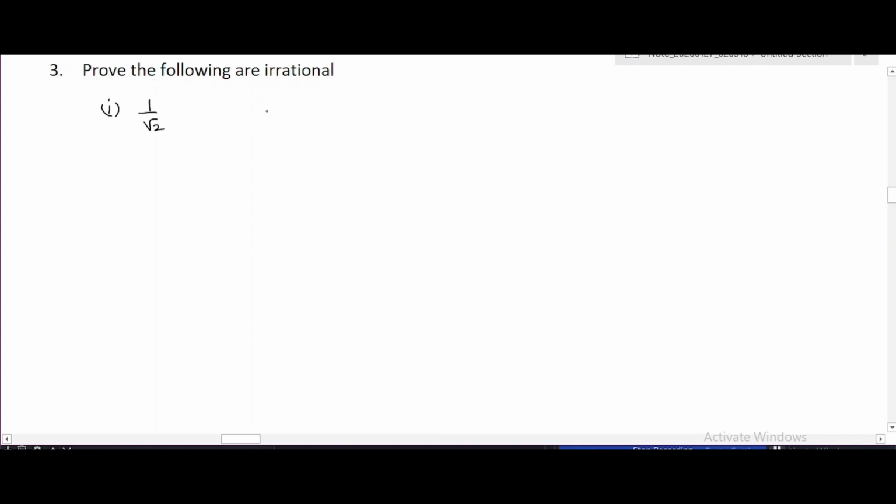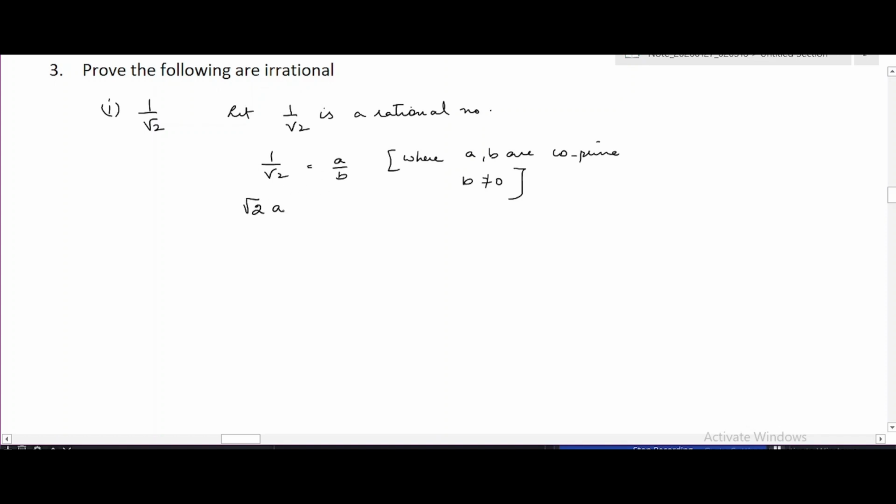So 1 by root 2, same way. Let 1 by root 2 be a rational number. Then 1 by root 2 is equal to a by b, where a and b are co-prime and b not equal to 0. So root 2 a is equal to b.